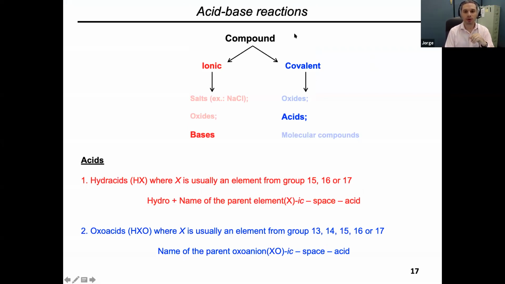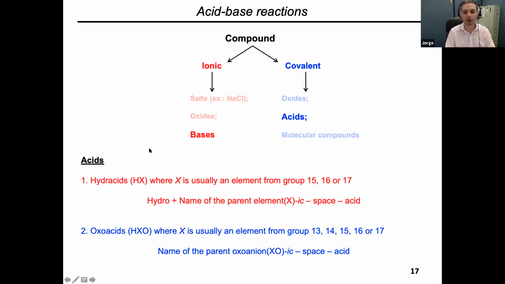So in chapter number 2, I showed you that compounds can be divided in two different classes, ionic or covalent. Covalent compounds are basically oxides, acids, or molecular compounds, and ionic compounds are salts, oxides as well, and bases.